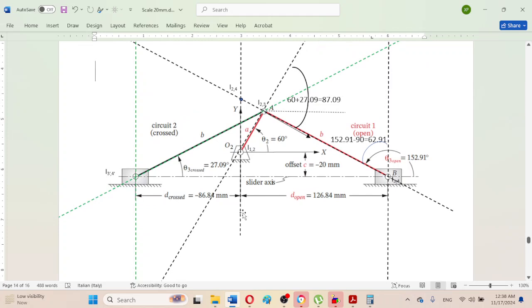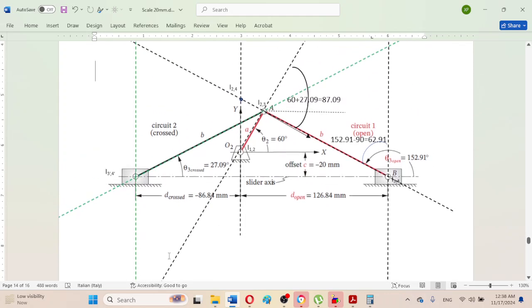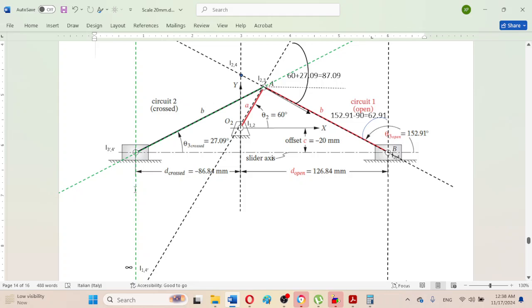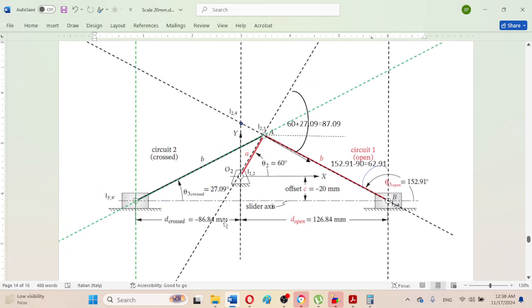In this case it is very technical that the permanent instant center for this slider is at infinity, at point I1,4 dash. So in a similar manner we will be drawing the parallel line through O2, which is instant center I1,2.